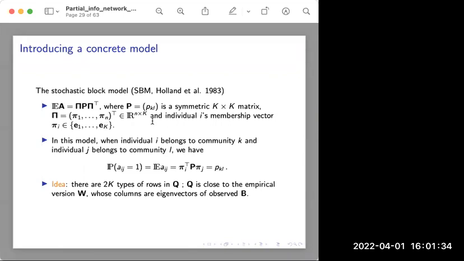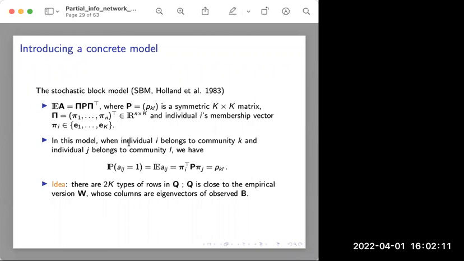Right. So here we have exactly k communities, and each node is assigned to exactly one of the k communities. So every row in the pi matrix, pi i, is an element of this collection of standard basis vectors from 1 to k. So I pick a community label from 1 to k for every individual i, and then generate my probability of connection, and then generate my observed edges.